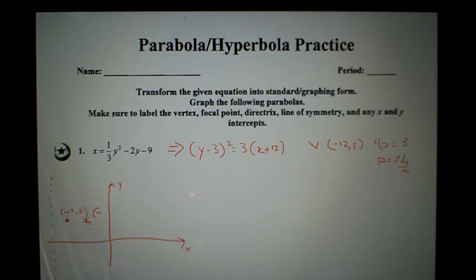If I have negative 12 and I add 3/4 to it, I'm going to be at negative 11 and 1/4, comma 3. And if I go a distance of 3/4 to the left, the directrix is going to be at x equals negative 12 and 3/4. So I know my parabola is going to do this.